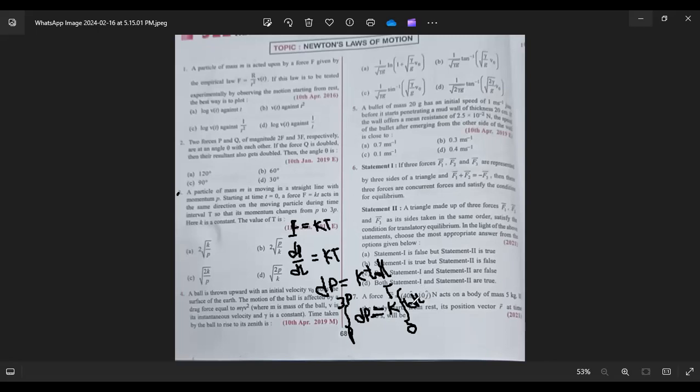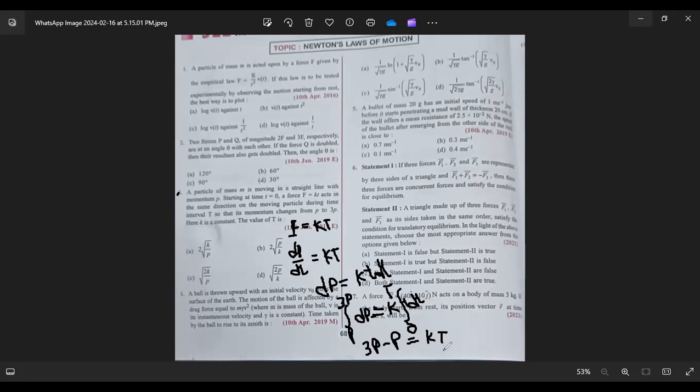If you solve this equation, dp integrates to p. So 3p minus p is equal to k times T minus 0, so 3p minus p is equal to kT.